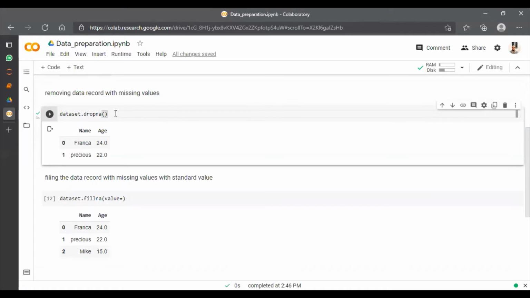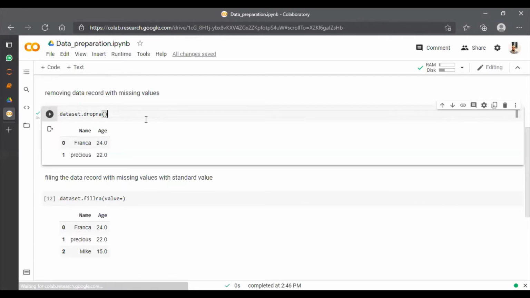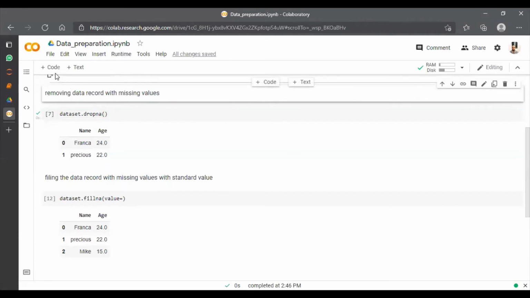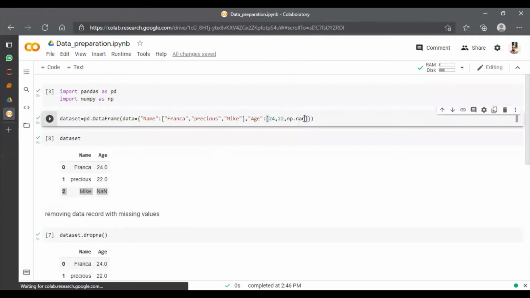Most times, missing values are represented as NAs, except you have some other representation. You can then standardize it. You understand? Missing values are represented as NAs, but in some data sets, maybe your missing values are represented with -999.